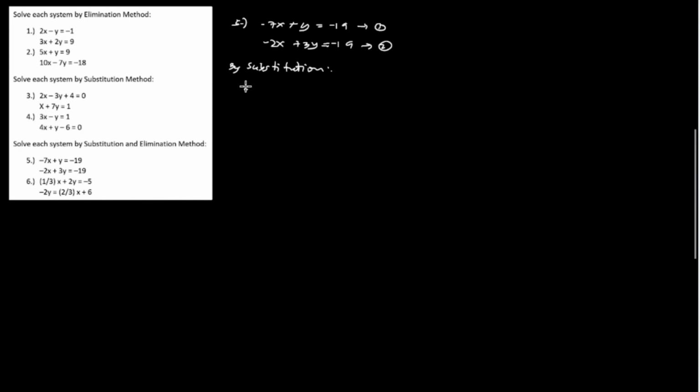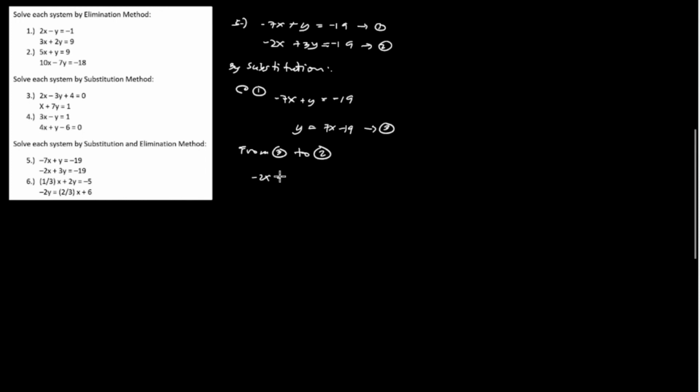At 1, negative 7x plus y is equal to negative 19. We will find the value for y in terms of x. So y is equal to negative 7x to positive 7x, negative 19. And this is equation 3. From 3 to equation 2.